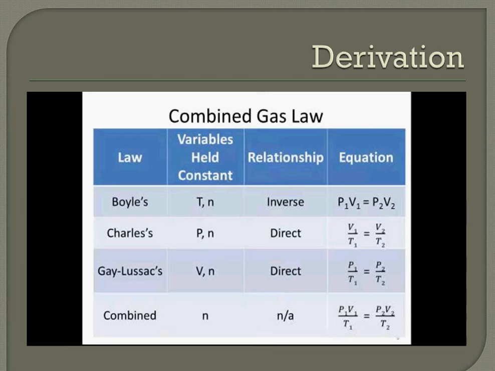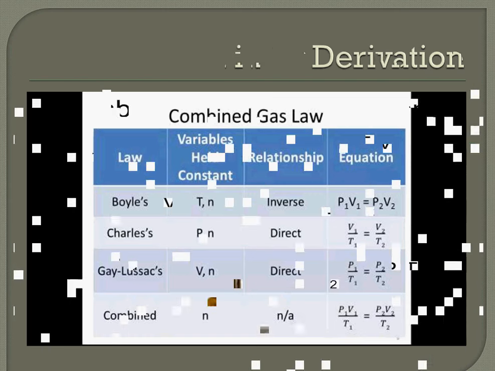Second, Charles' law, where pressure and mass of the gas are constant and the volume and the temperature are directly proportional to each other. Gay-Lussac's law, we just understood that volume and the mass of the gas are constant, where pressure and temperature are directly proportional. So we get the combined law, that is P1 V1 upon T1 equal to P2 V2 upon T2.